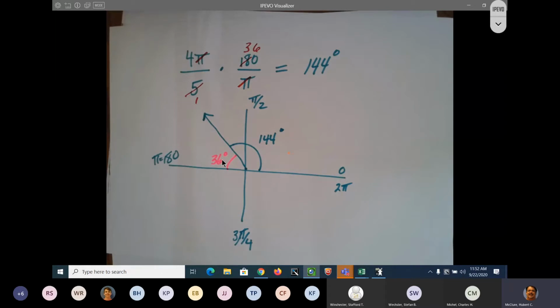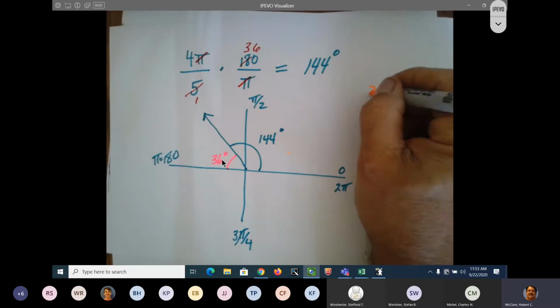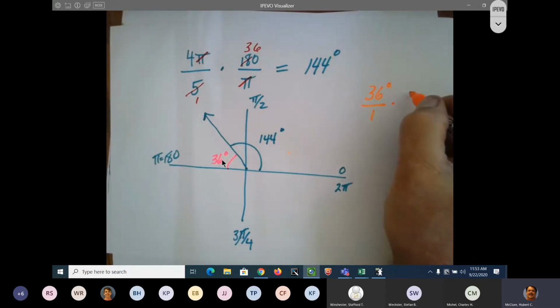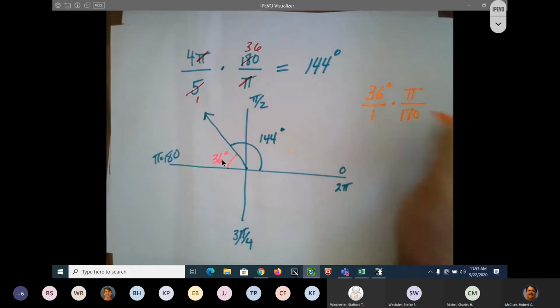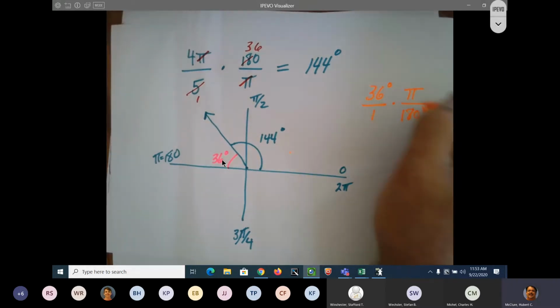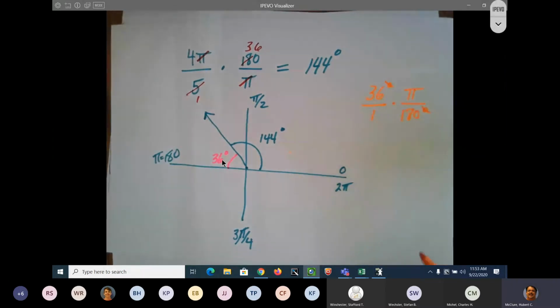Now, I got to change 36 into radians, so that's going to be 36 degrees over 1 multiplied by pi over 180. The degrees cancel, and you're left with pi radians.